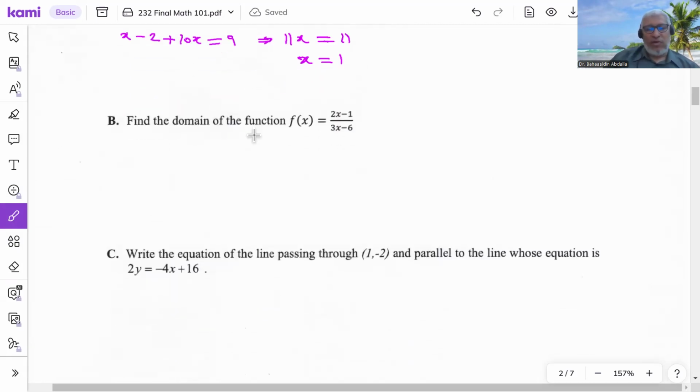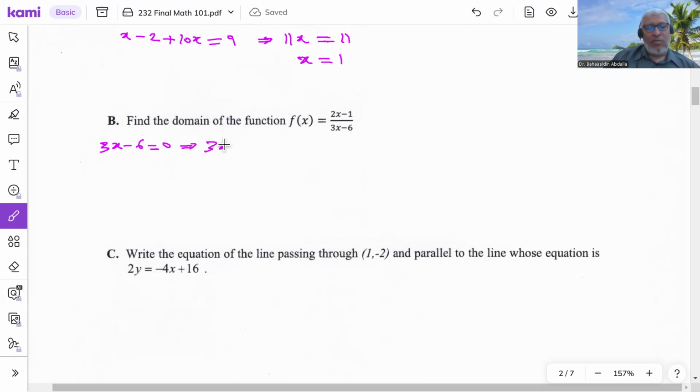Find the domain of the function. The domain are all the possible values of x. So you can find f of any x here. You can replace x by any number you like, except the number that makes the denominator 0. So if 3x minus 6 equals 0, then I can't replace x by this number.